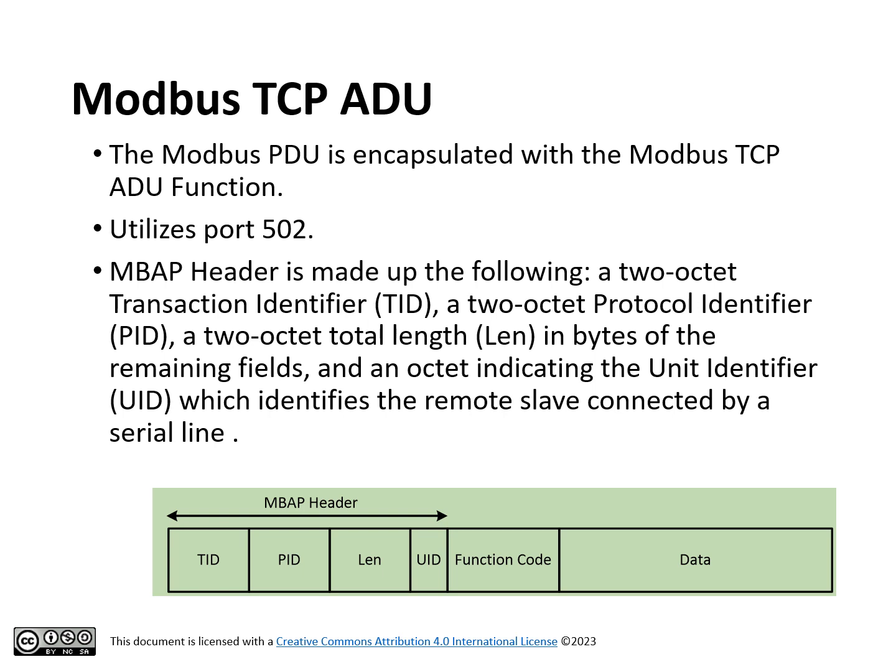The MBAP header is made up of the following: a 2-octet transaction identifier, TID, a 2-octet protocol identifier, PID, a 2-octet total length, LIN, in bytes of the remaining fields, and an octet indicating the unit identifier, UID, which identifies the remote slave connected by a serial line.